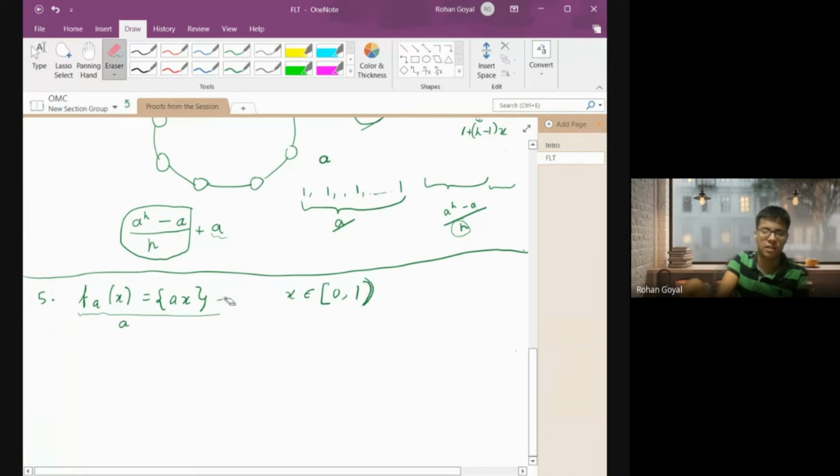And you can check that f_a^p(x) is equal to x for a^p fixed points.